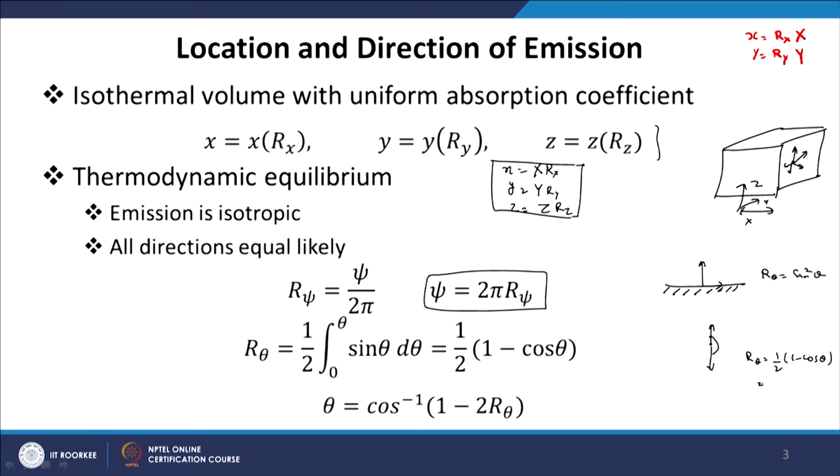You can solve it, basically what you get is sine square theta by 2. Okay, so the dependence is relatively changed from flat surface to gas, but all you have to pick is two random numbers R psi and R theta, and the directions theta and psi can be obtained for point of emission and direction of emission within the gas volume.